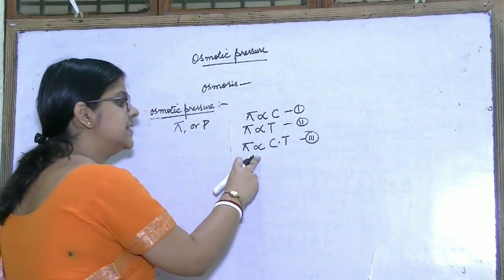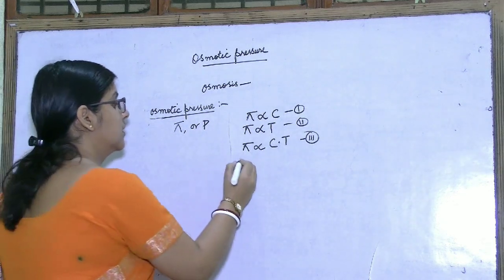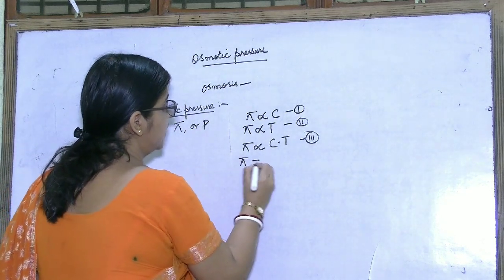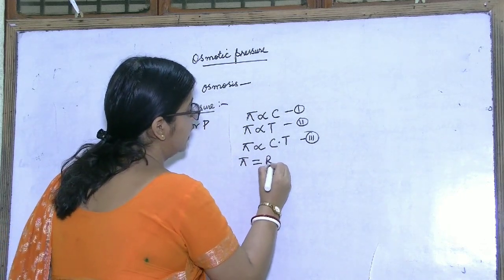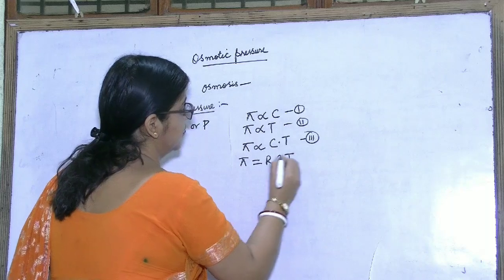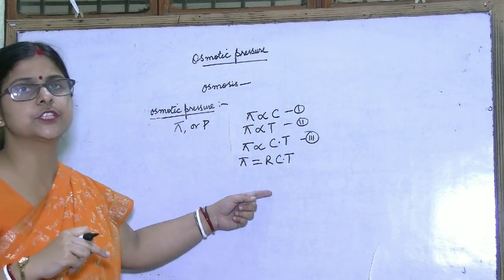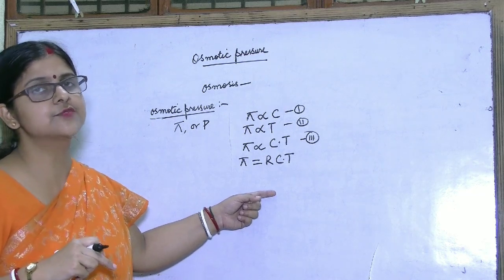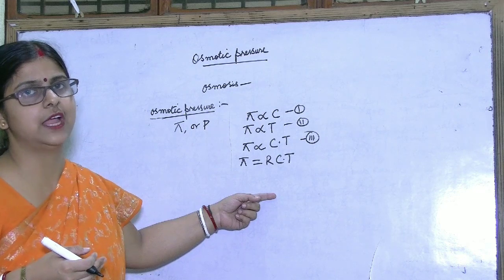Now to replace this proportionality, we can write pi is equal to CRT. What is this R? R is the constant of proportionality and its value is equal to the gas constant.